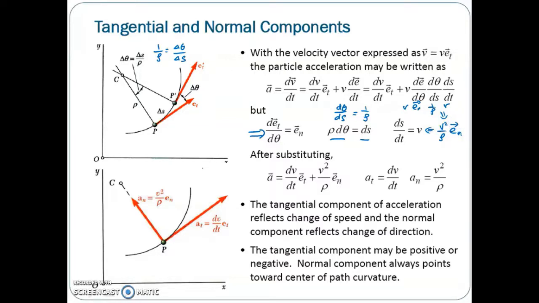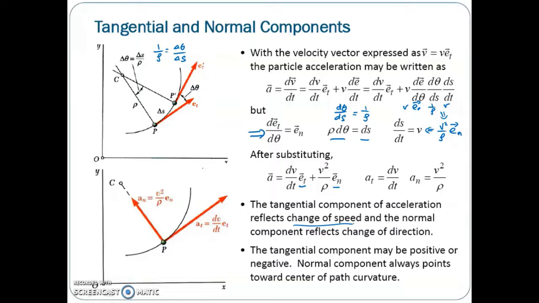So we have decomposed the acceleration components into et directions and En directions, the tangential and also the normal directions. In the tangential direction, we call it the tangential component of acceleration. Basically, it reflects the change of speed. dv/dt is the change of speed, whereas the normal component reflects the change of direction, v squared over rho.